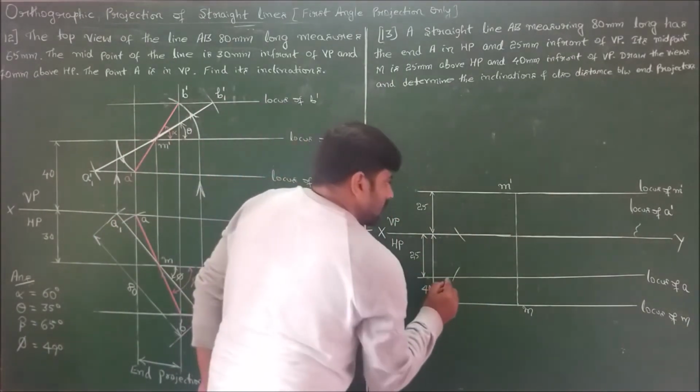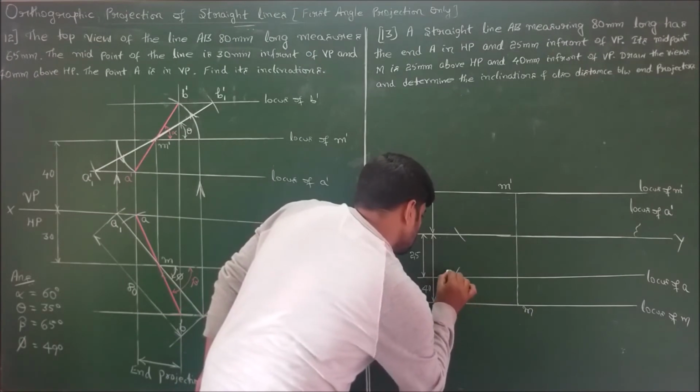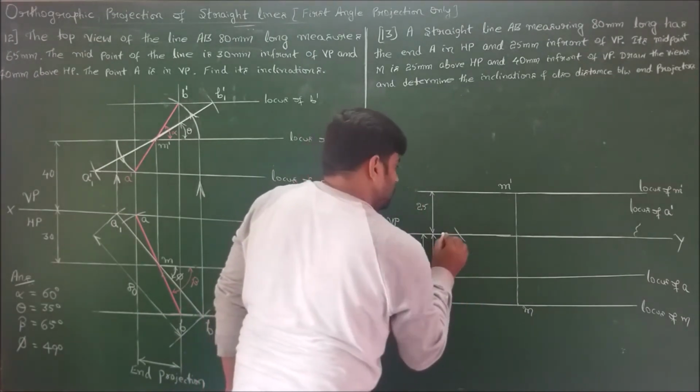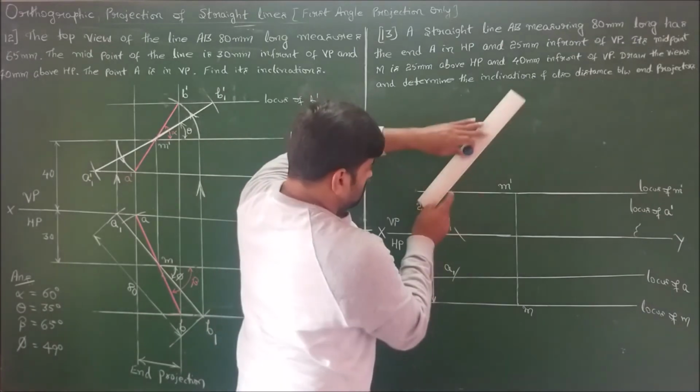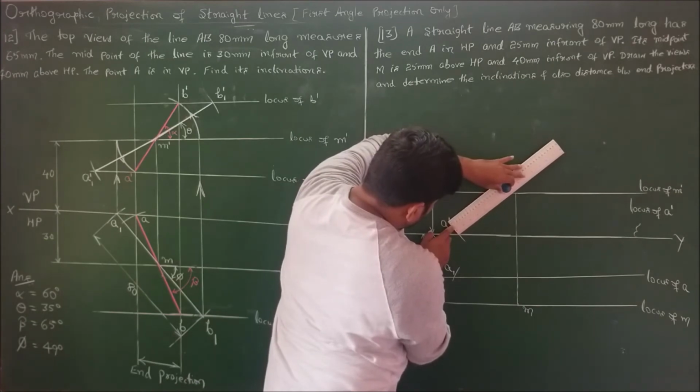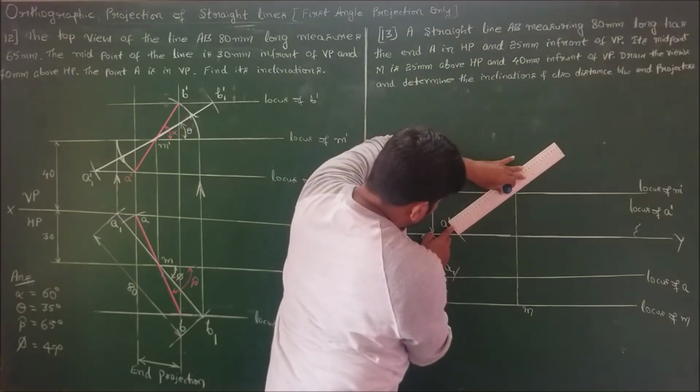So thereby I directly got A1, since it is a true line, it is A1 and A1 dash. Now draw 80 mm passing through the midpoint.